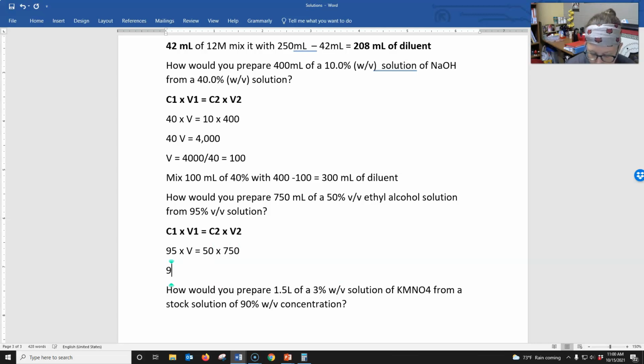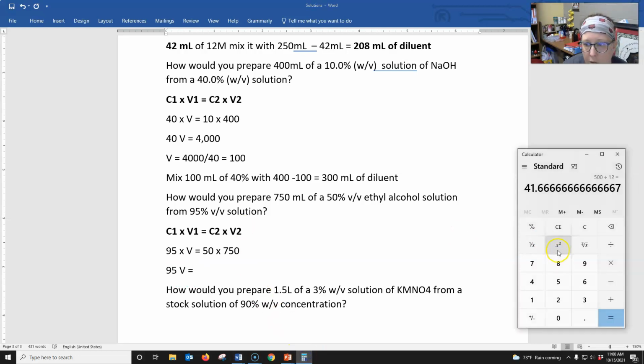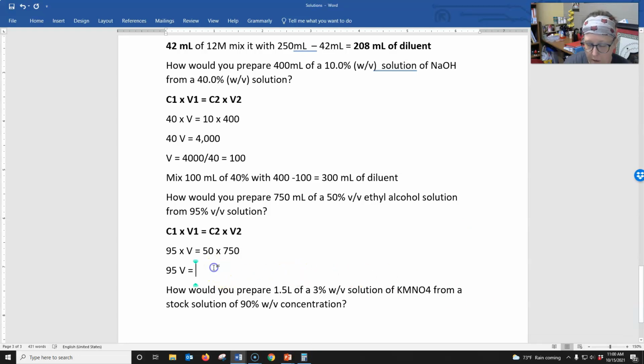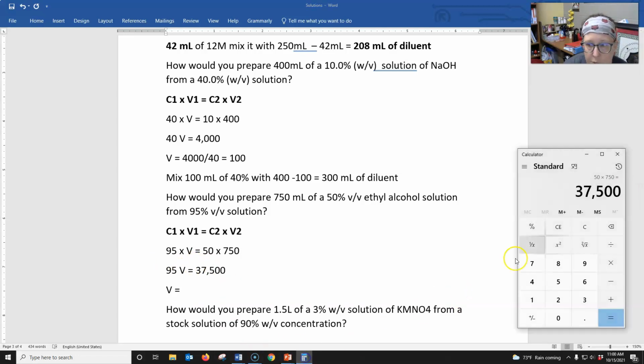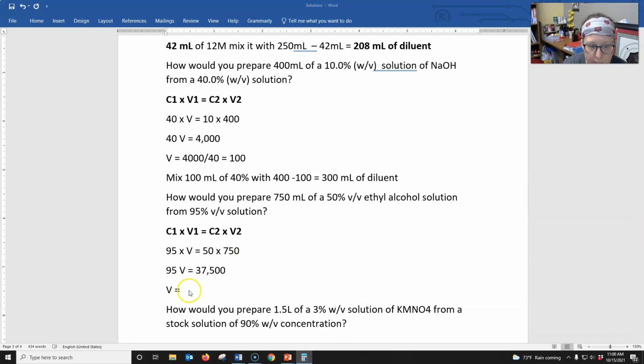So we got 95V equals 50 times 750, which is 37,500, and then V is going to be that divided by 95, so 37,500 divided by 95, so 394.7.